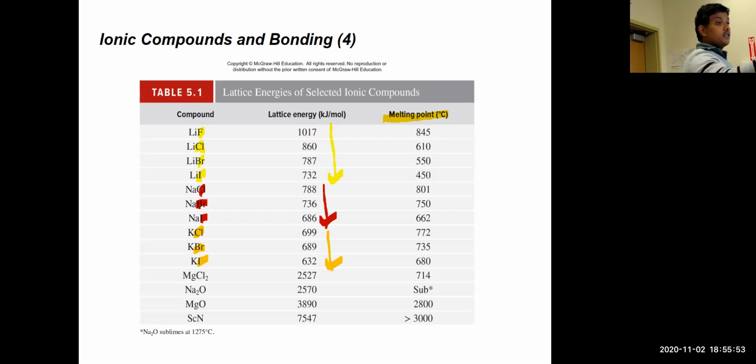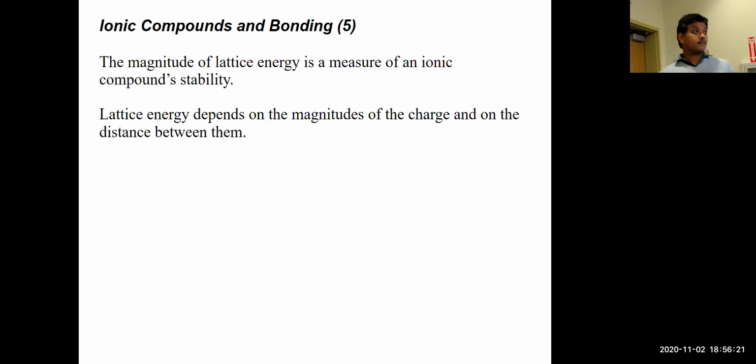That's why these numbers are in the hundreds and some of them even in the thousands. Most covalent compounds melt pretty easily; water boils at 100 degrees Celsius. Here you see 800, 500, 400, 600, 700, much larger numbers, which means lattice energy is much stronger in ionic compounds.